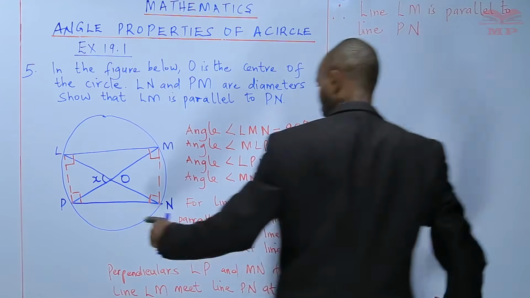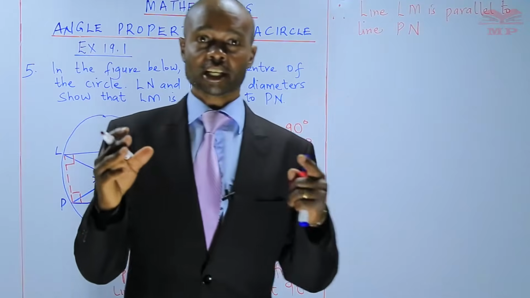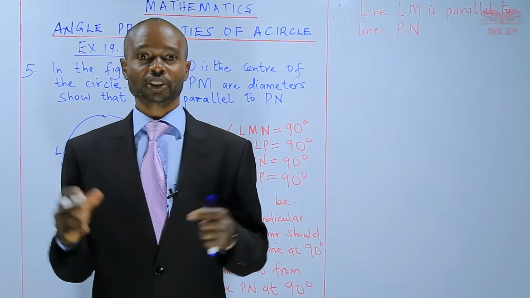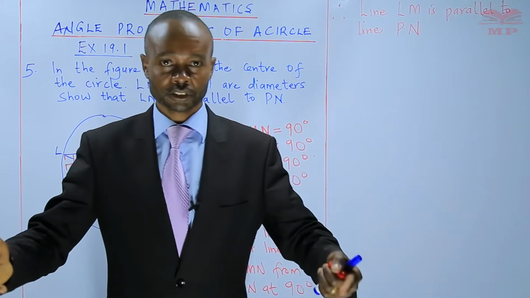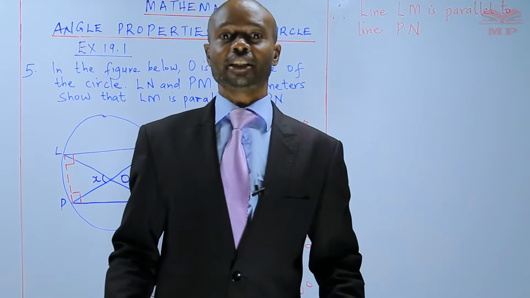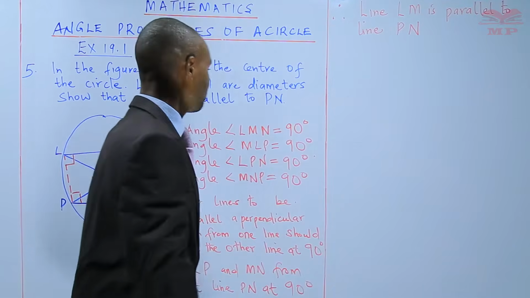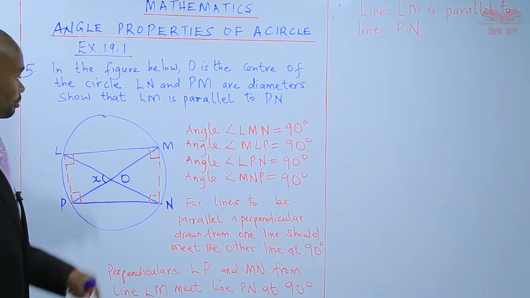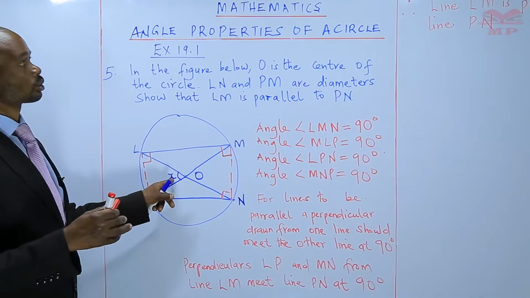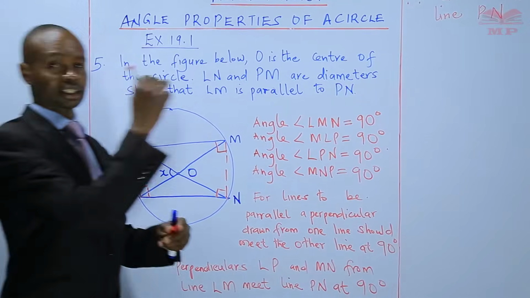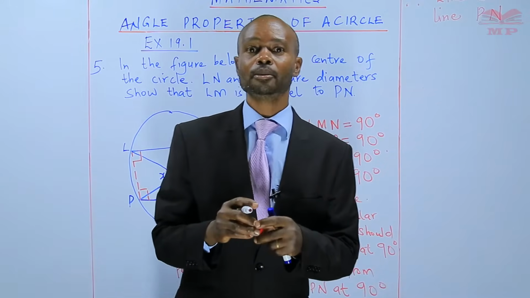That is a direct proof that the two lines are parallel, because the two perpendiculars drawn from one line go to meet the other line at 90 degrees. That is just one of the methods. The other method: there is an angle given there, x. That angle could lead us to an alternative solution of proving that the lines are parallel.